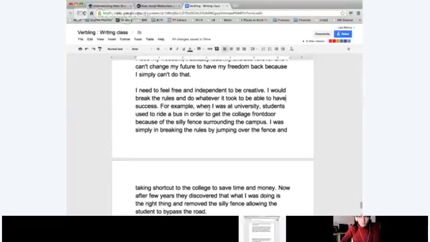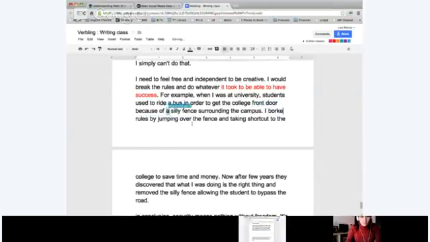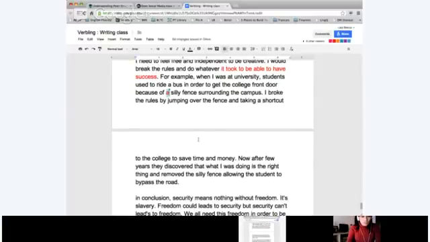And so you say, for example, when I was at university, students used to ride a bus in order to get to the college front door because of a silly fence surrounding the campus. I was, you could just say I broke the rules by jumping over the fence and taking a shortcut to the college to save time and money.